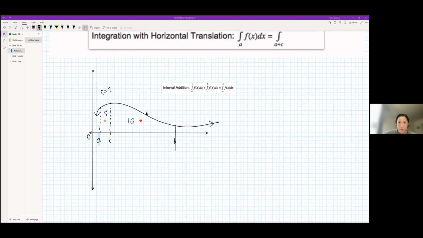So I think if you look at the intervals here, what makes them actually very special is that the top number, the C over here, is the same as the bottom number in the second integral.